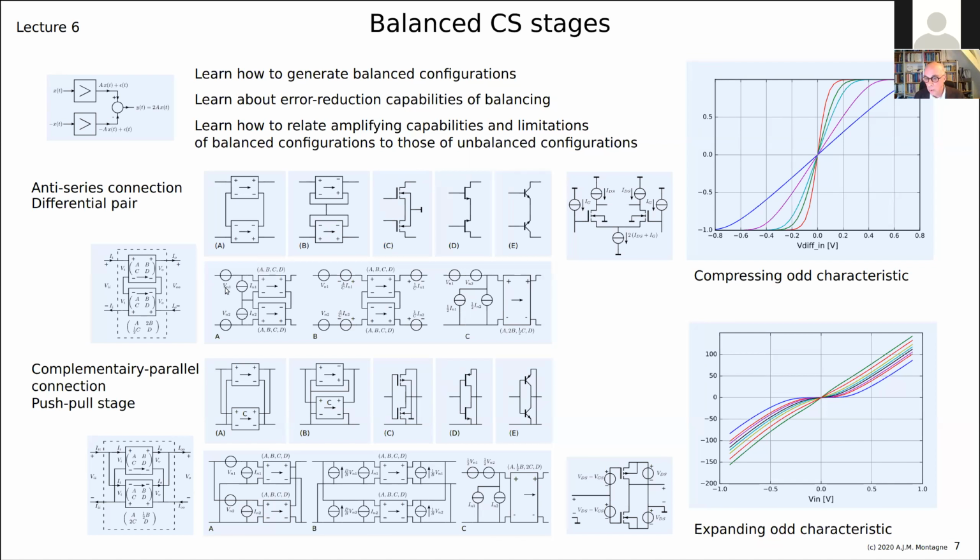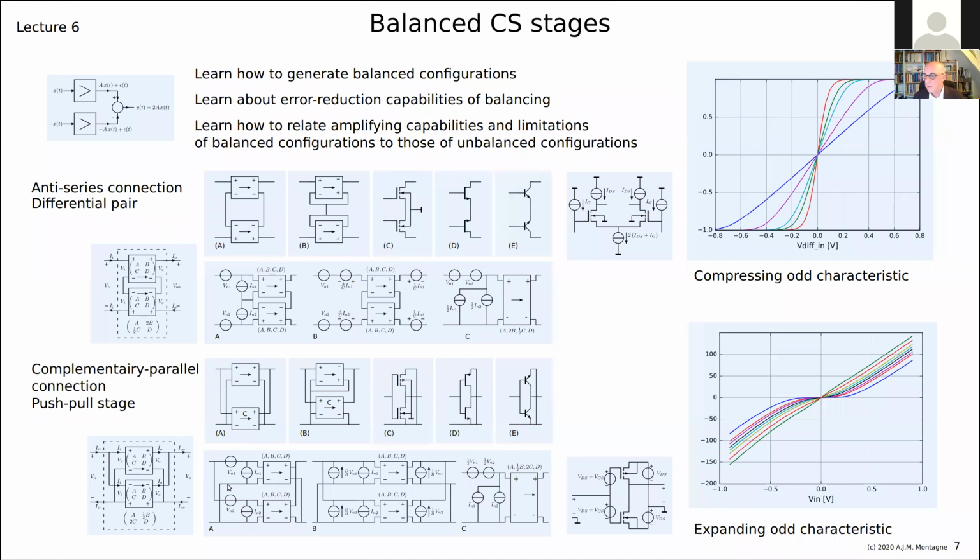And if we know the behavioral modifications due to balancing, we can predict how a differential pair will behave, what the noise behavior will be, how the poles and zeros will be, and of course also what the change in the nonlinear behavior is. And the same we can do for another balanced structure, which is the complementary parallel or push-pull stage.